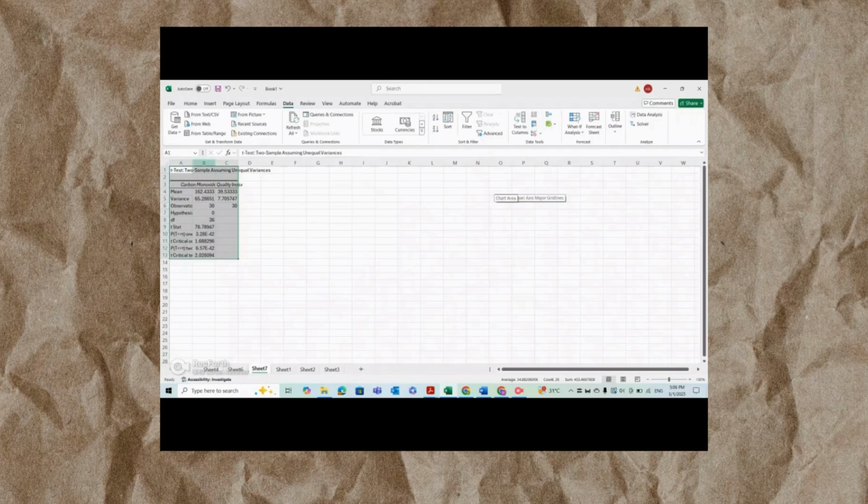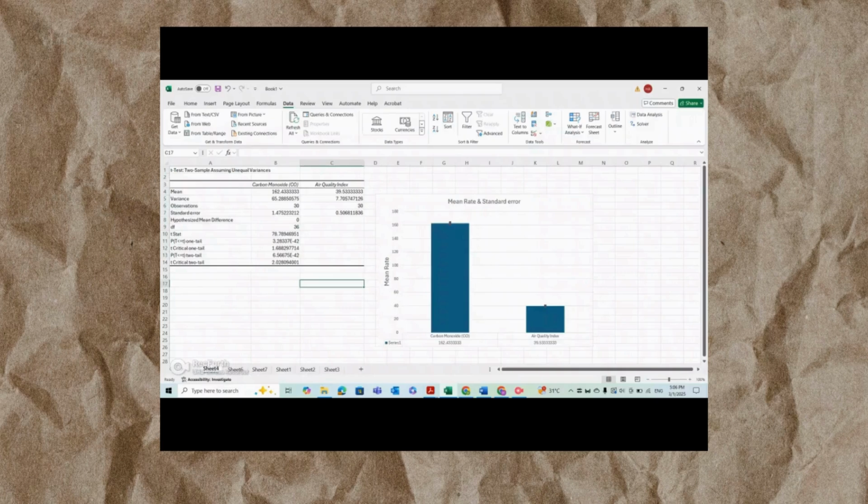And then this is the result that we got. As we can see, the mean for carbon monoxide and the mean for the air quality index.